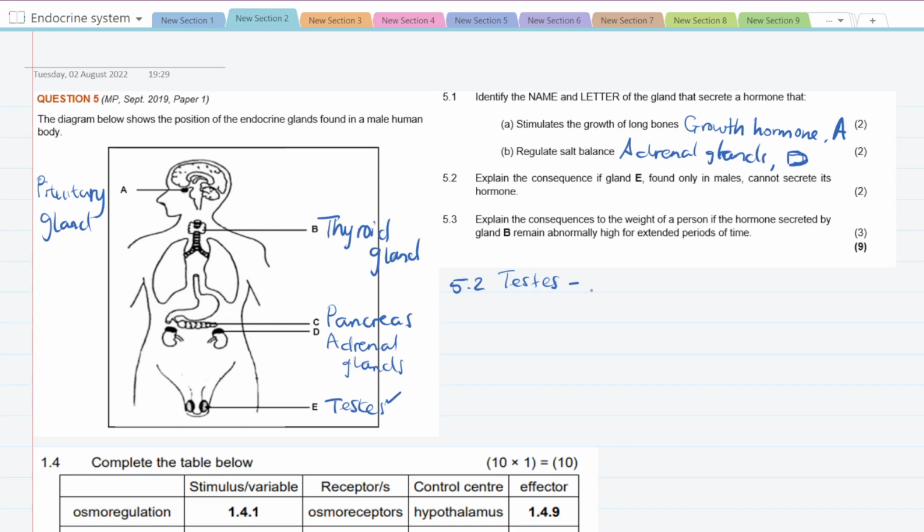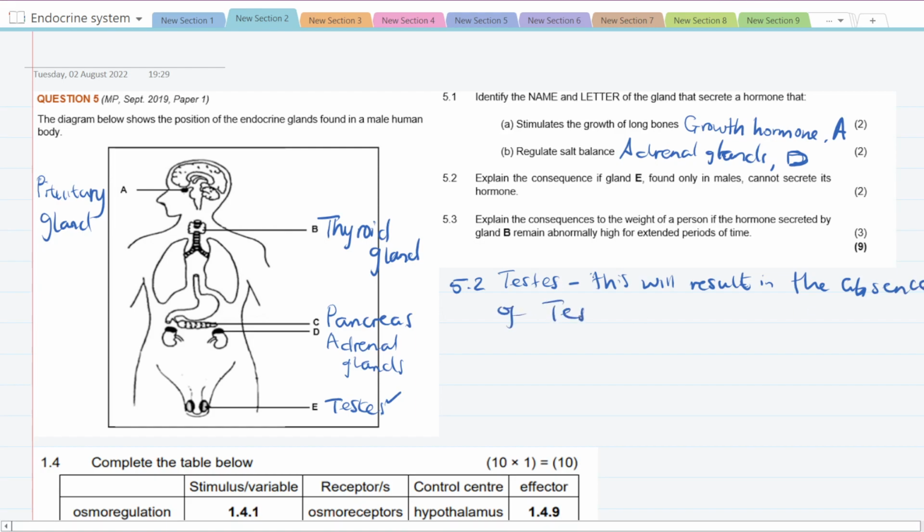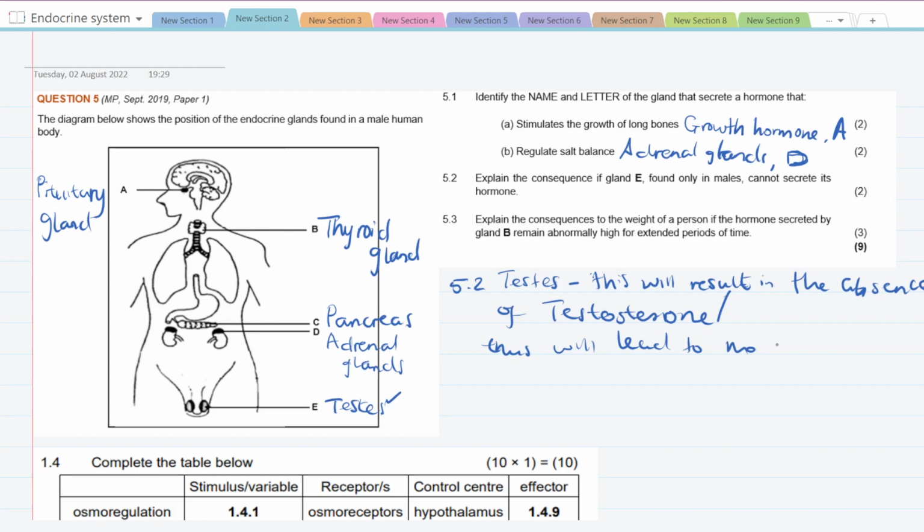So if testes do not secrete the hormone, therefore this will result in the absence of testosterone, or no testosterone produced, and thus will lead to no maturation of sperms.